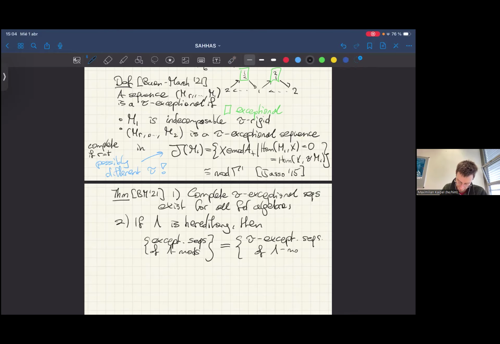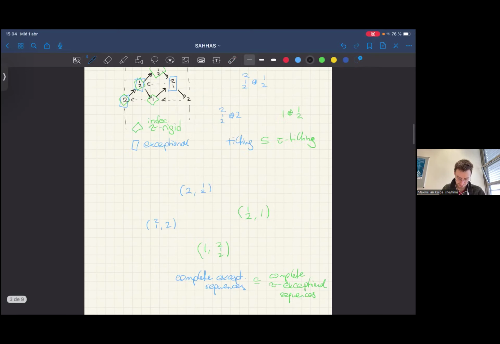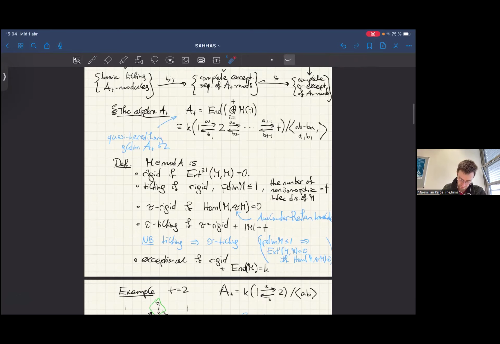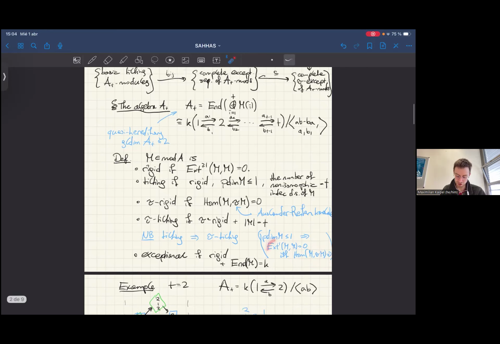And basically the point of why this is true is that, as we have seen here, Ext1 vanishing is the same as the tau rigidity for hereditary algebras.